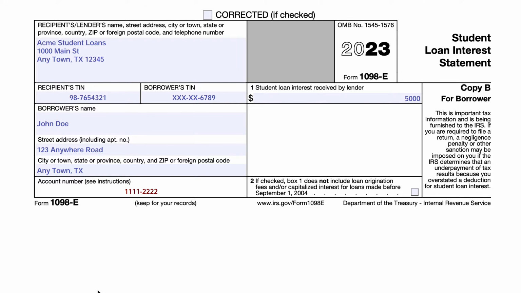So on the left-hand side, we'll have the taxpayer information. At the very top will be the lender's name, address, and phone number. So in this case, John Doe took out a student loan from Acme Student Loans.